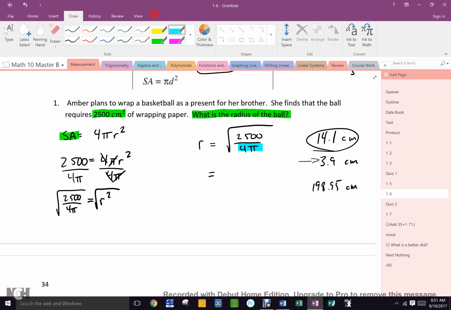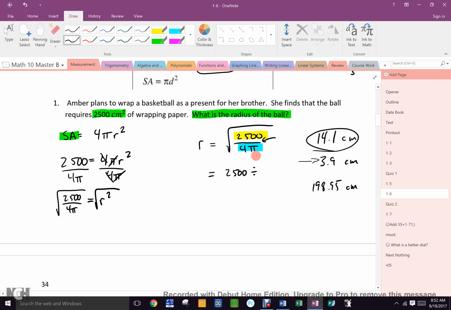Now what is happening with this black line right here? Division. And what is being divided? That 2,500, yes? So the inside there, I am doing 2,500 divided by, is it divided by 4? Is it divided by pi?